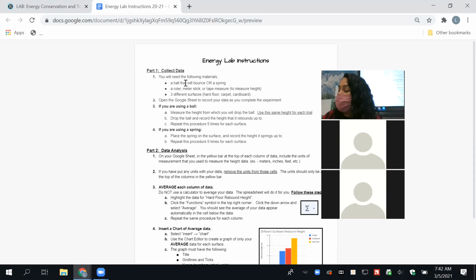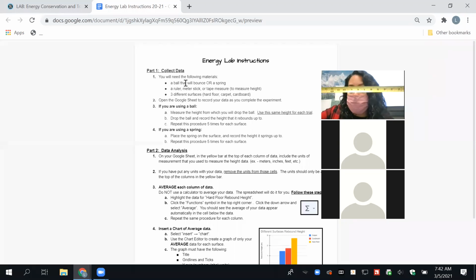And the other thing that you can use is, have y'all seen these before, this little popper? If you have these at your house, you can also use this for the assignment. And then you need a ruler, a meter stick, or a tape measure. A lot of people in their garages have one of these.